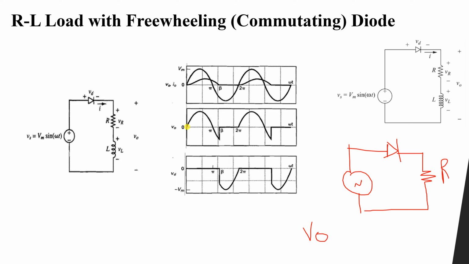V output, as you remember, in the pure resistive load was like this, from 0 going up till pi, then becoming 0, 2 pi again, and so on, and repeats itself.